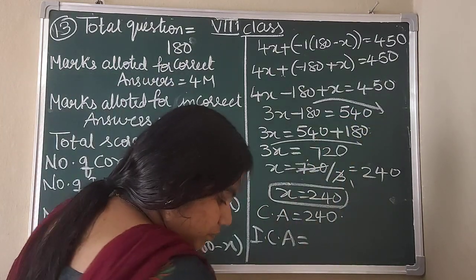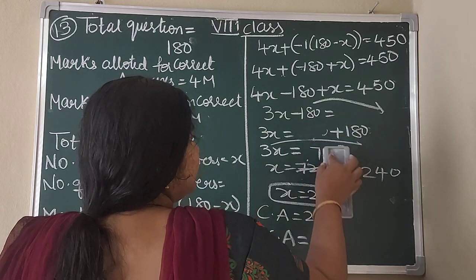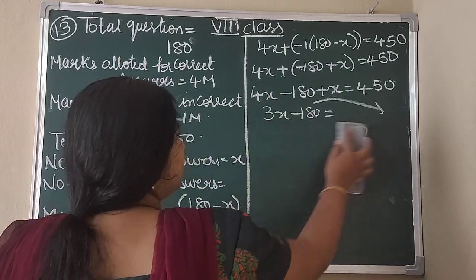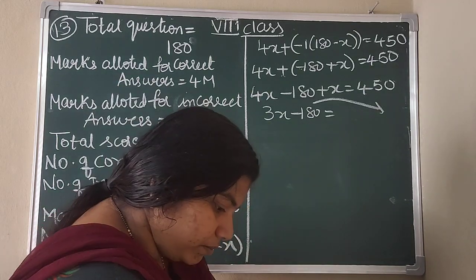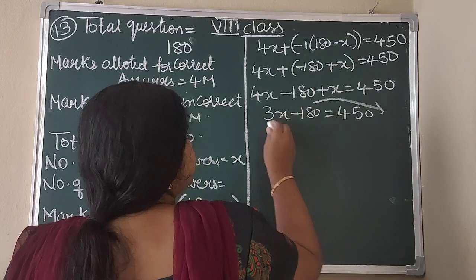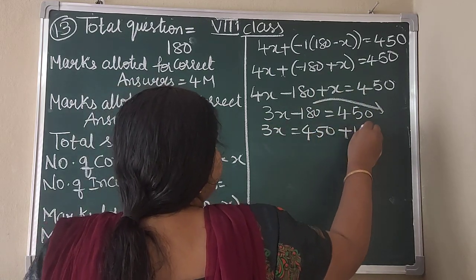Sorry, this is wrong. That is 450, I wrote 550. Transpose, 3x equals 450 plus 180.